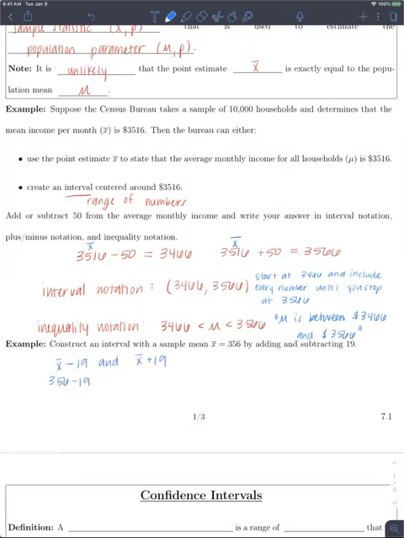That's 356 minus 19. It's 337. And then this one is going to be 375.